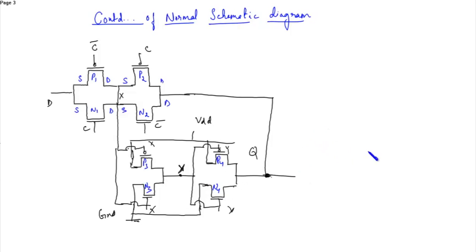So this was the normal schematic. So now we'll obtain the twisted schematic. Next we have to form the twisted schematic so as to draw the layout. Now let's see the twisted schematic diagram.